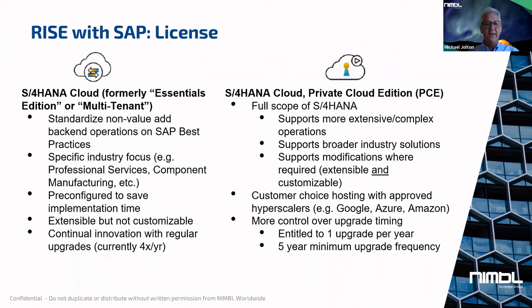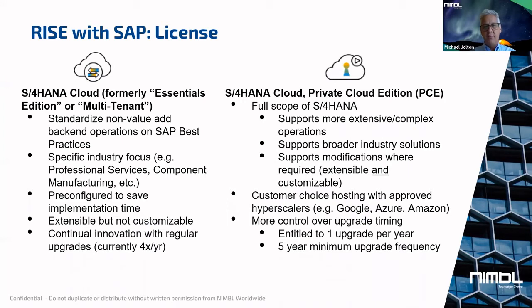What's new is the S4HANA Cloud Private Cloud Edition, PCE. This is similar to the extended edition that was out previously, but I think a lot better for a lot of different reasons. Similar in that it is the full scope of S4HANA.